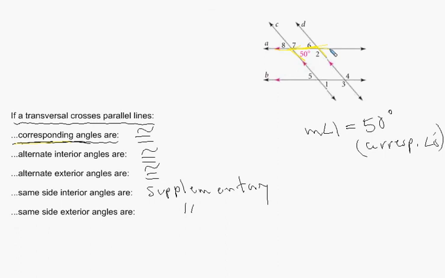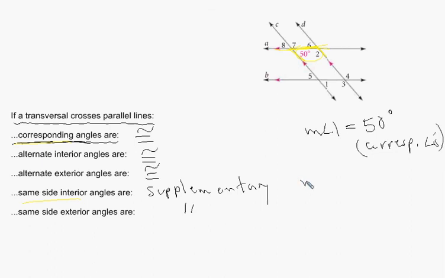These two angles are both on the same side of line A, the transversal. And they're both in between lines C and D, which makes them same side interior. And that means that they are supplementary.